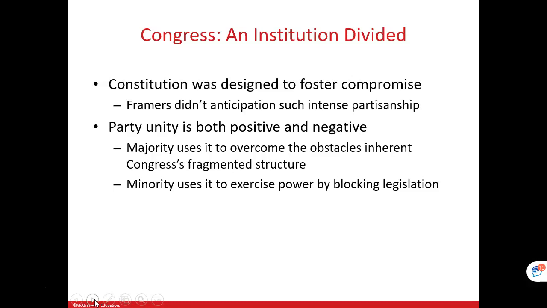So it is nice to work within a framework, to be able to convince people to put things in bills that you want because you are part of the group and they want you to go along with the group.